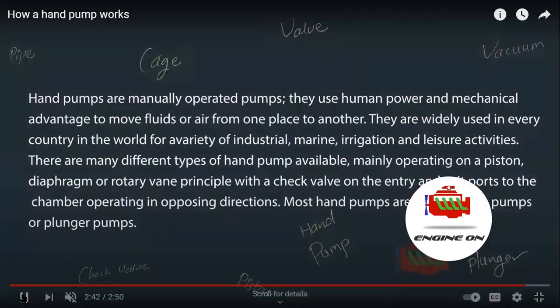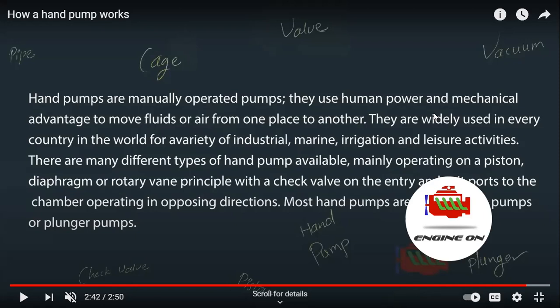Generally these hand pumps are manually operated pumps and they use human power and mechanical advantage to move fluids or air from one place to another. Generally they are used to move water only. They are widely used in every country in the world for a variety of industrial as well as marine, irrigation and leisure activities.